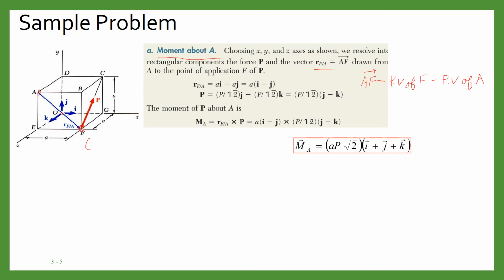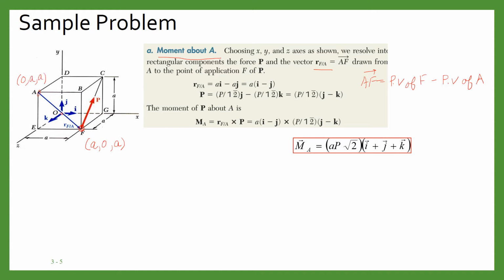Now coordinates of F are x is a, y is 0 and z is a, while for A we have x is 0, y is a and z is a.